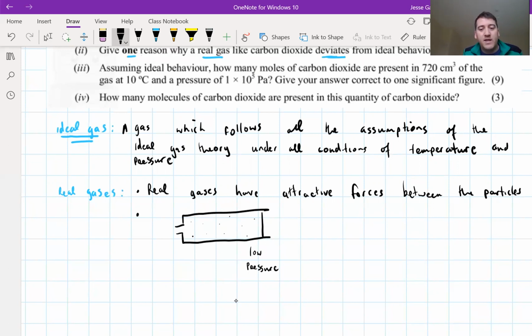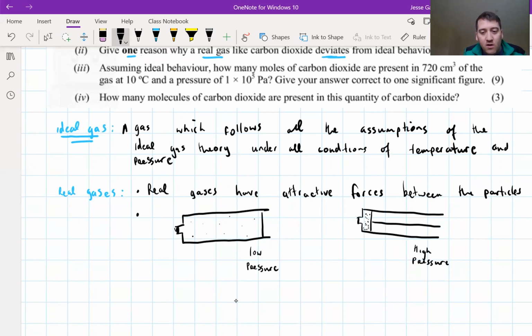But if we take that same syringe and we put it under high pressure, which means that we take our plunger and we push it in, we squeeze it in. Now we've put it under high pressure. Well, now most of the space is taken up. So we assume the end is sealed in both cases, so the gas can't leave.